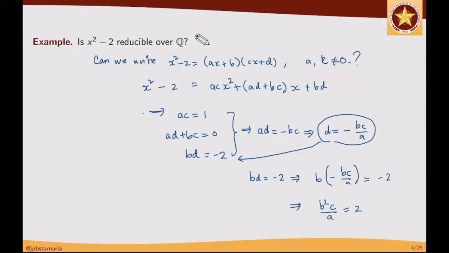Tapos, wait. Yan. From A equals 1, ang C mo kasi ay 1 over A. So from that, ang mangyari, B squared over A squared equals 2. Ang mangyayari, B over A squared is equal to 2. This is a contradiction.